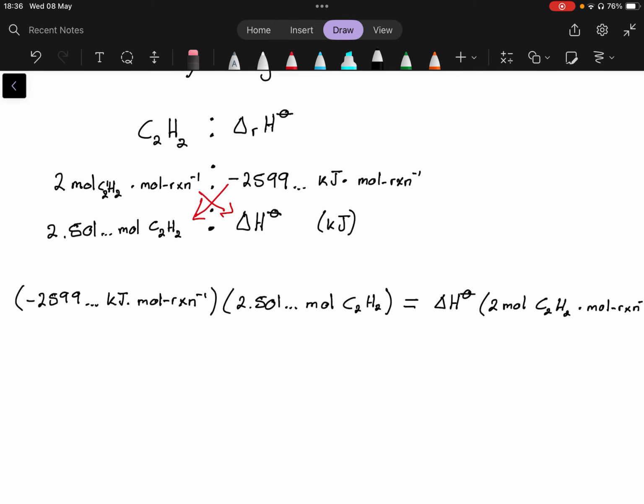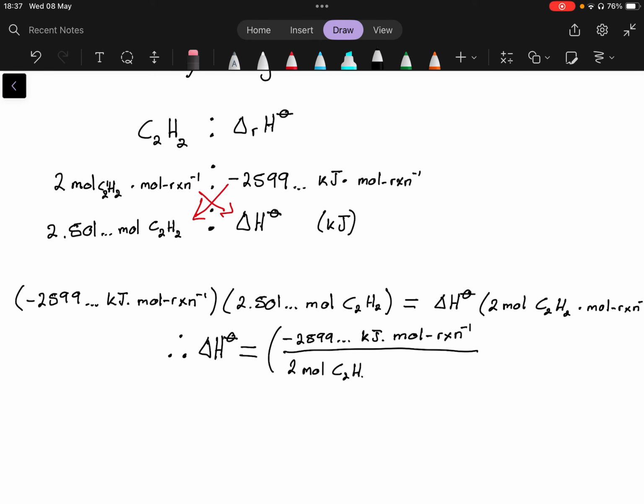All right, so when we divide by the right-hand side, and I'm just going to switch over the sides, delta H naught is then equal to, let's write it as such, minus 2599 kilojoule per mole reaction divided by 2 mole C2H2 per mole reaction.